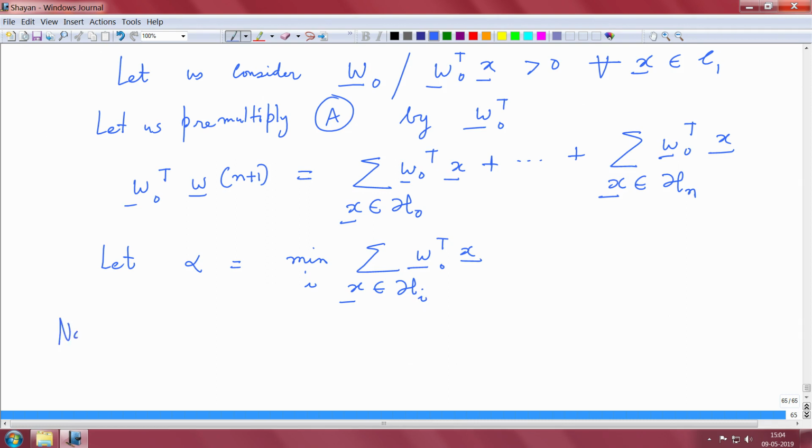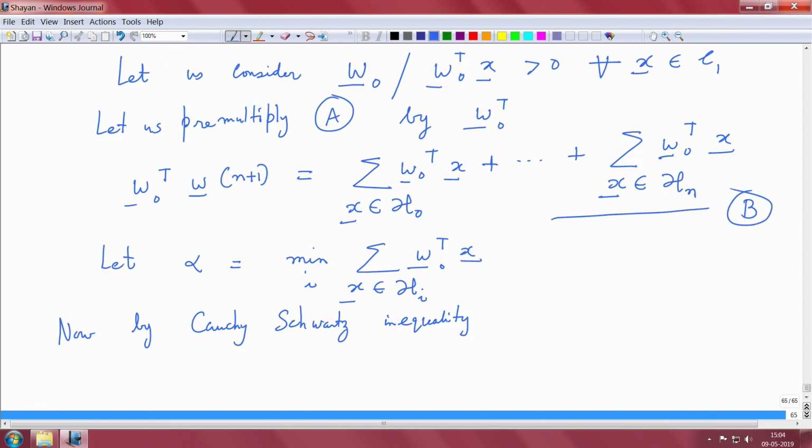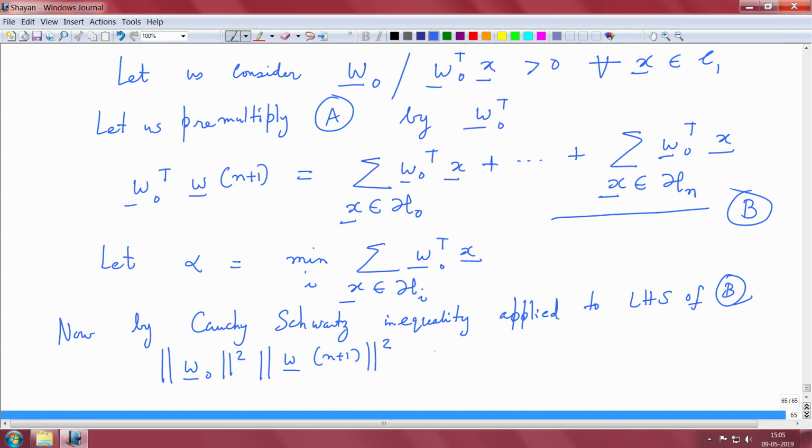Okay. Now, by the Cauchy-Schwarz inequality applicable to the left hand side of equation B, what we get is norm W naught square times norm W of n plus 1 square is going to be greater than or equal to n plus 1 square times alpha square.